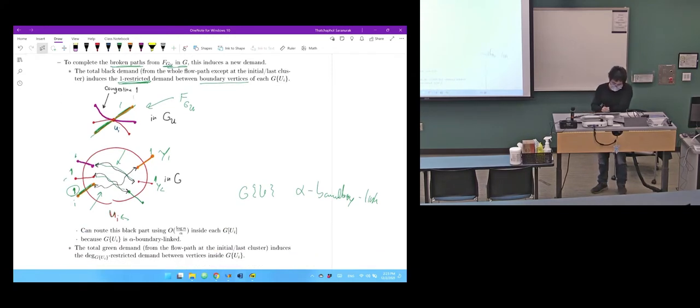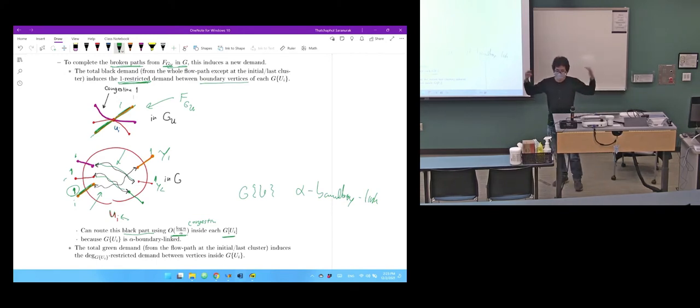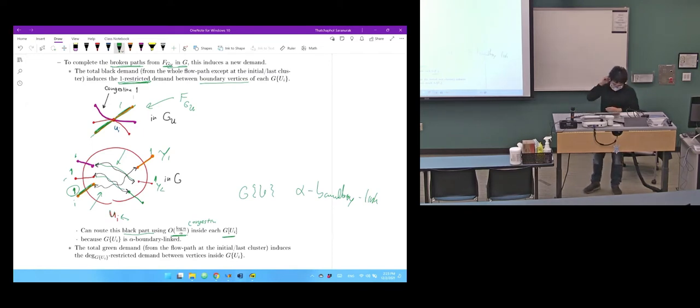So you can route this black demand using log n over alpha congestion inside each UI. So this is happening simultaneously for every UI. For each UI, you just route inside UI, so they are disjoint. So no congestion is interfering between each part.